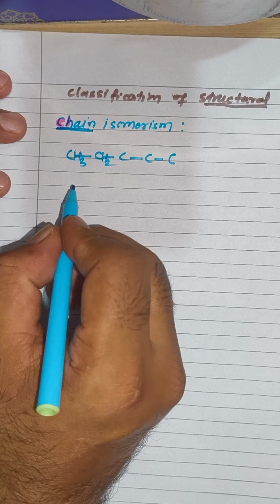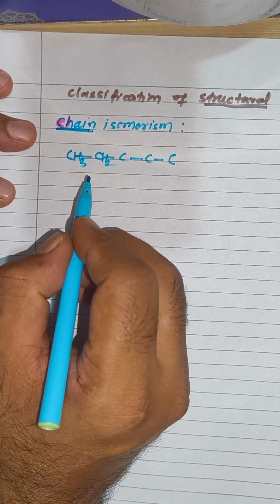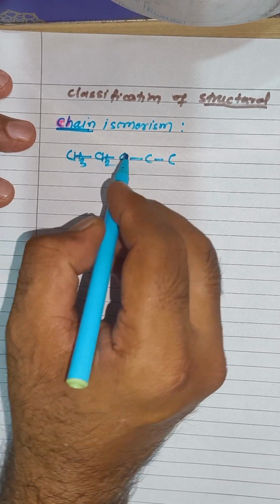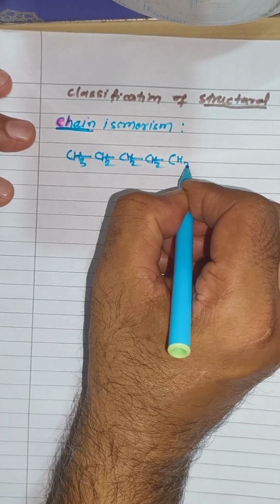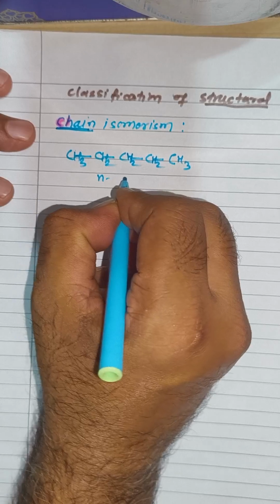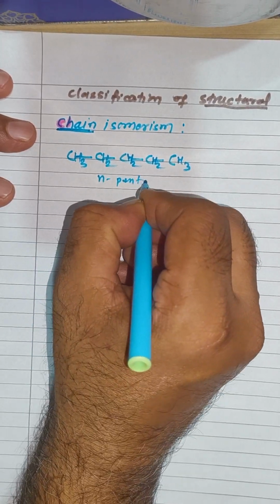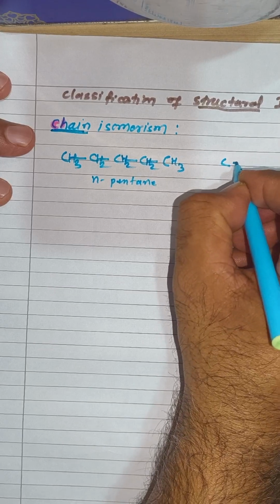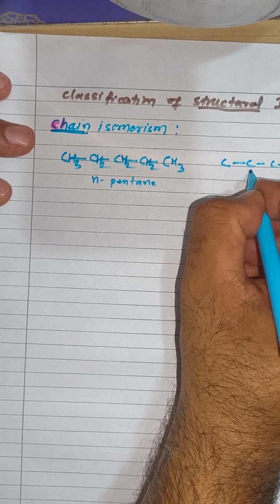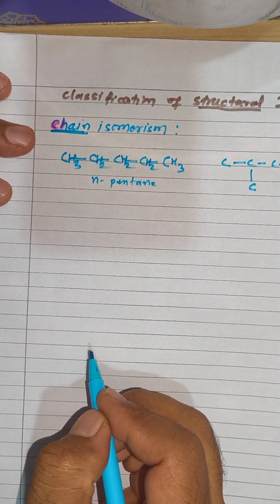We'll take the example of pentane. CH3, CH2, CH2, CH2, CH3. This is what we call n-pentane, and we can write its isomer. You can see how to write it.